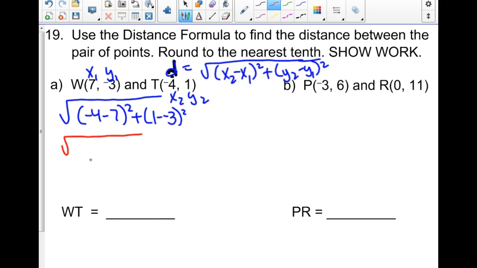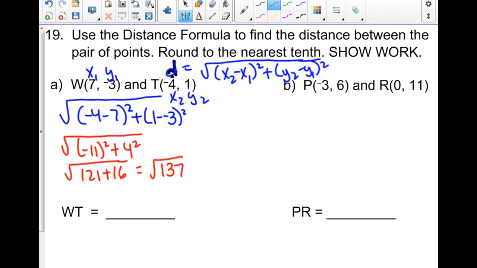Say you didn't do that. That would be -11 squared plus 4 squared. This has to be positive. When you square a negative, you get a positive. So it's the square root of 121 plus 16. 4 squared is 16. Adding, you get the square root of 137.